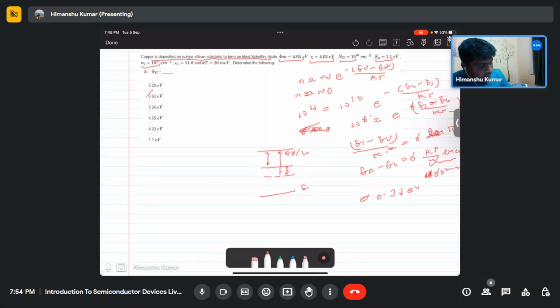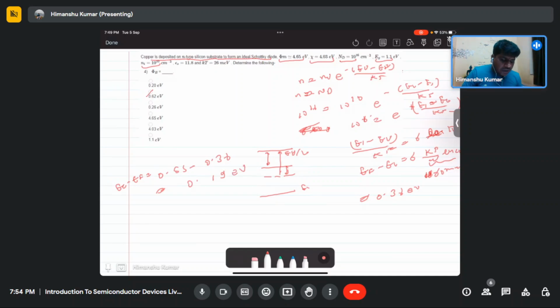Eg by 2 is around 0.55 minus 0.36, so Ec minus Ef comes out as 0.19 electron volt.